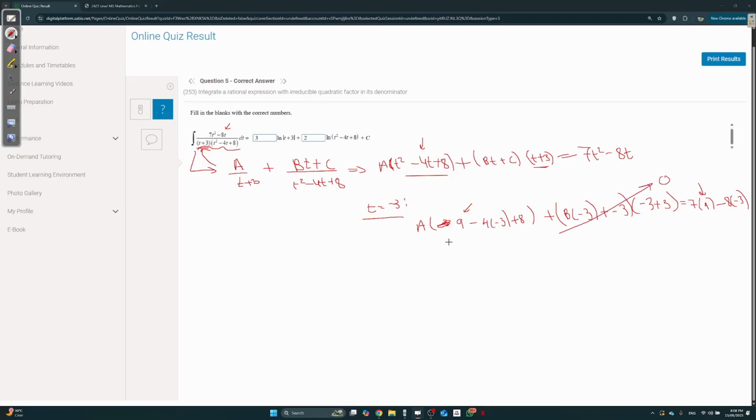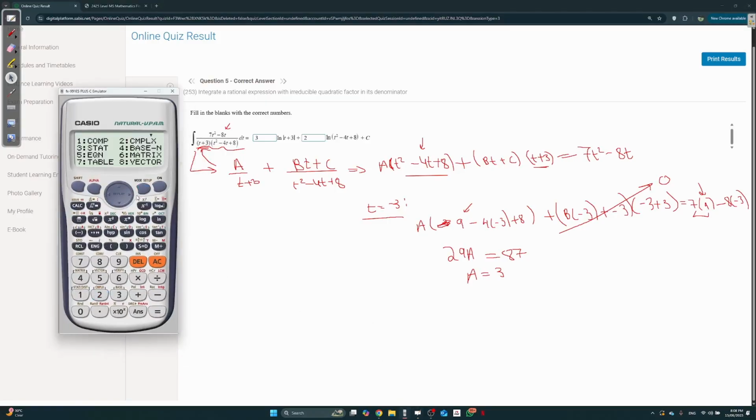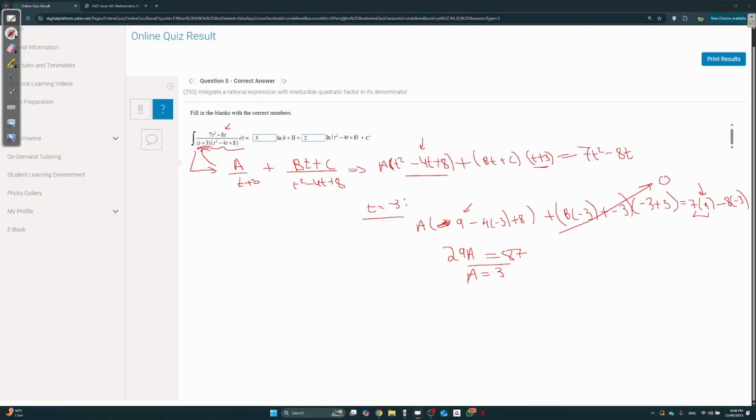Over here you have 9 plus 12, which is 21, plus 8 is 29. So 29A equals 63 plus 24, so that's 87. When you divide by 29 both sides, you get 3, if I'm not wrong. 29 times 3, is that 87? Yes, it is. So A is equal to 3.